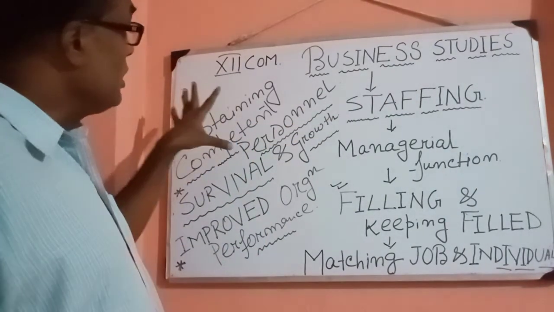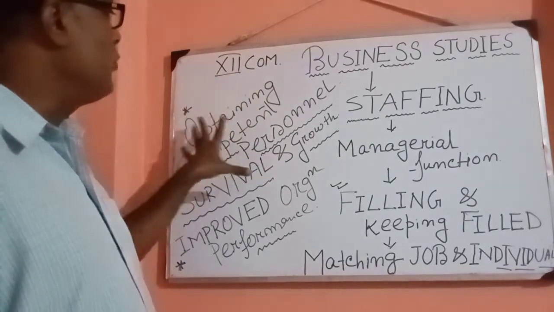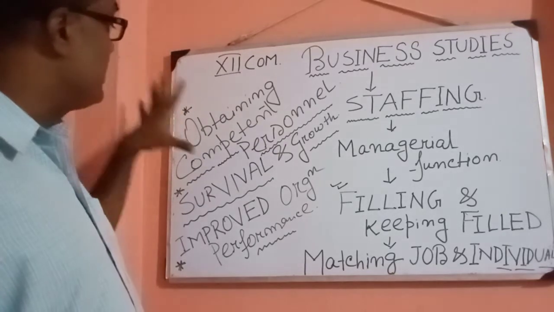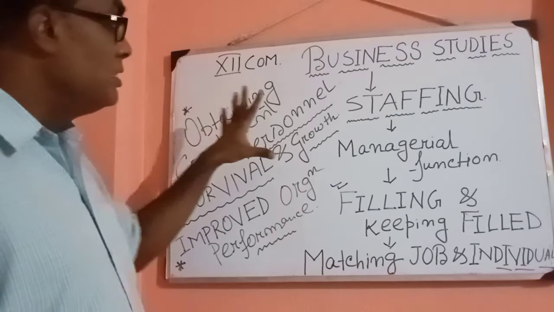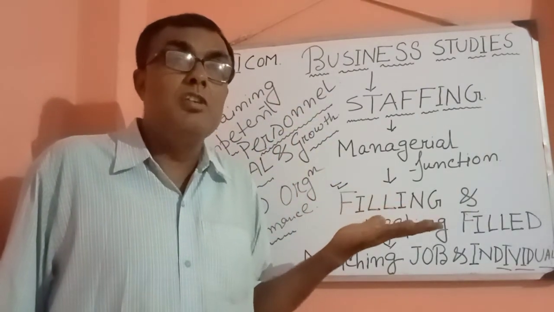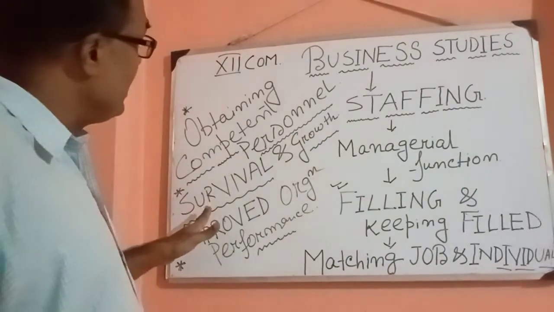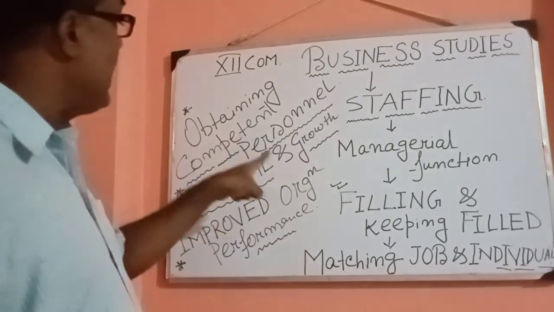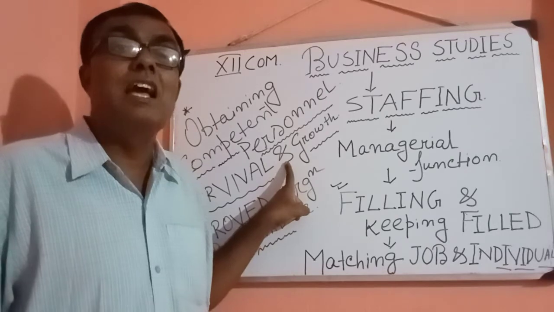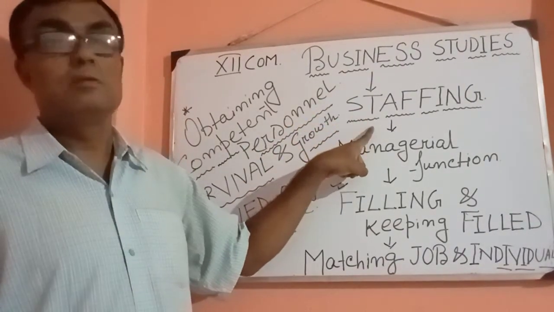Second, if HR is successful in this function, that is, if HR can easily obtain the competent personnel, obviously it helps the probability of survival and growth in the organization in the near future. So survival and growth in the organization can be assured through staffing.